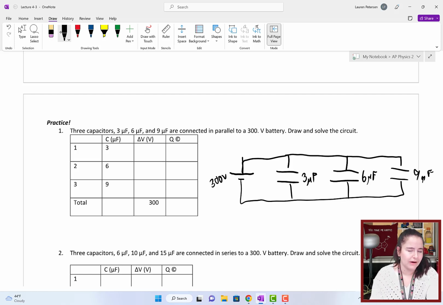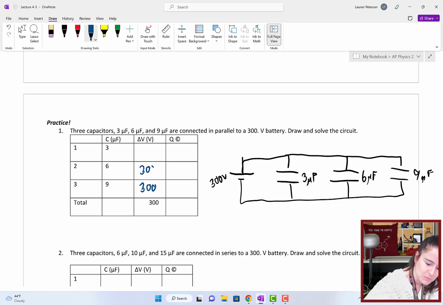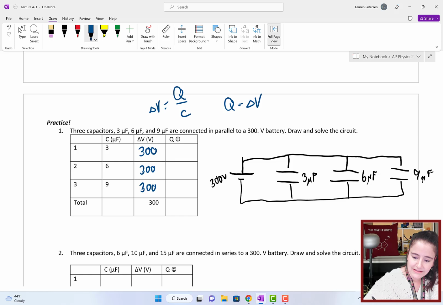So they're in parallel. What's going to be the easiest for us to solve first? We know those voltages. The voltage across each capacitor will be 300 volts. So it is delta V equals Q over C, so Q equals delta V times C. I'm going to put C in units of microfarads to make our math a little easier.